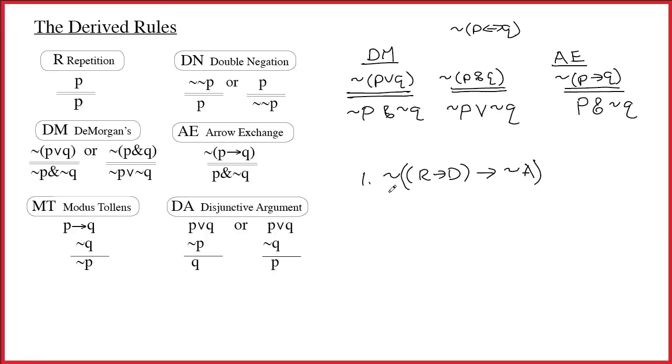Tilde is the main connective, arrow is the main connective on the inside, so now we're doing arrow exchange. Remember, for arrow exchange, the arrow turns into an ampersand. The P part comes down as is. In fact, when you're using this rule, you will never even change a parenthesis on the P part. The whole thing should come down exactly as it is.